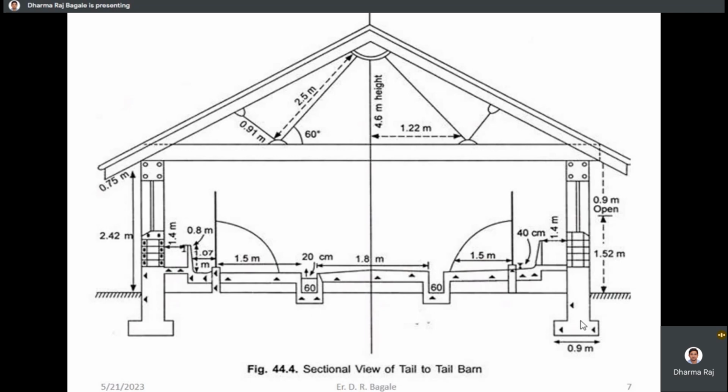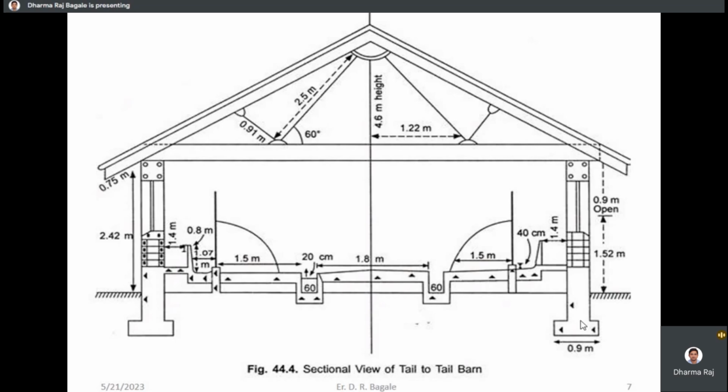And here we have to provide sufficient ventilation for the cow, and we can build the roof as a gable roof system. We already studied about the type of roof in building technology or component of building.